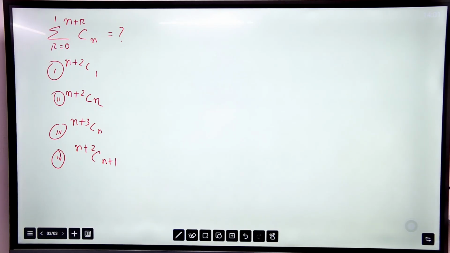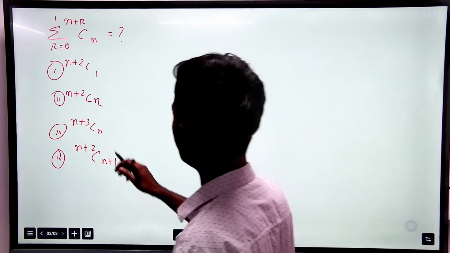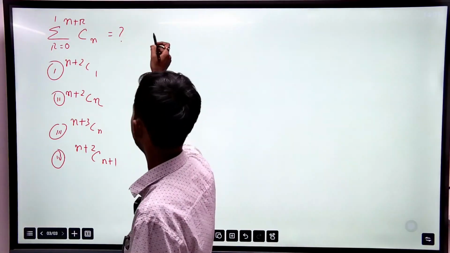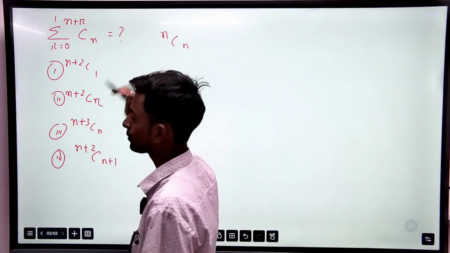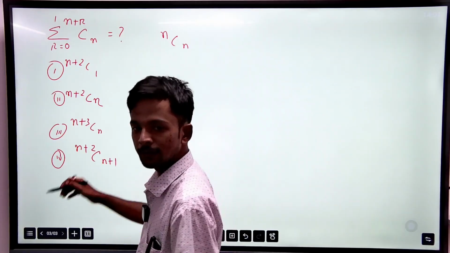So see, r equal to 0 to 1, so basically you have two terms. Yes, you have two terms because r is starting from 0 to 1. So what will be the two terms? First of all, take the value of 0. If you take the value of 0, you get nC_n or not? nC_n.